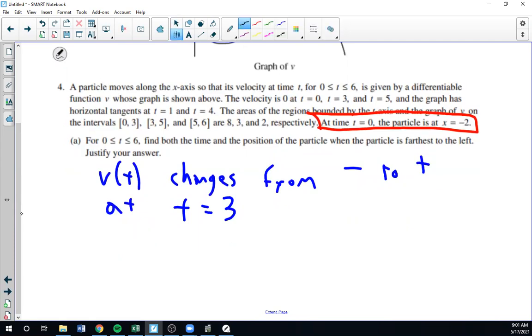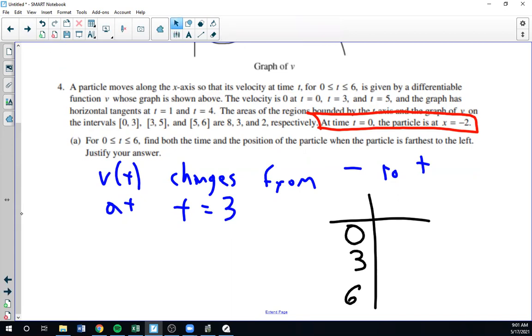So then I would make my chart. I have 0, I have 6 as my endpoints, and then I have that candidate that I just picked out of 3. Well, at 0, our initial position is at negative 2. At 3, what happens? We start at negative 2 and move how?